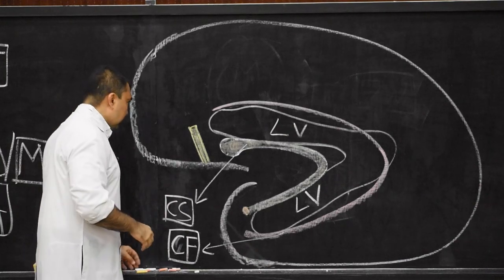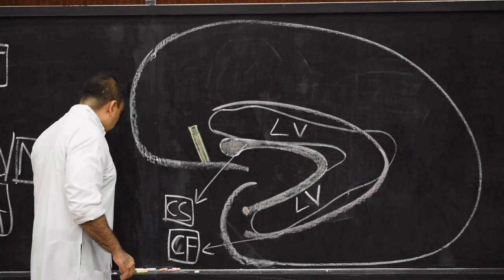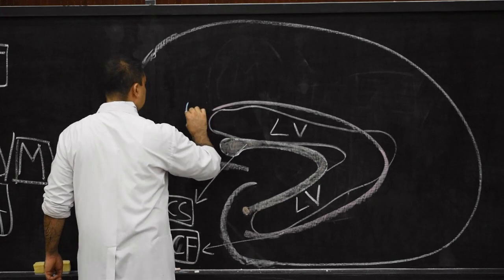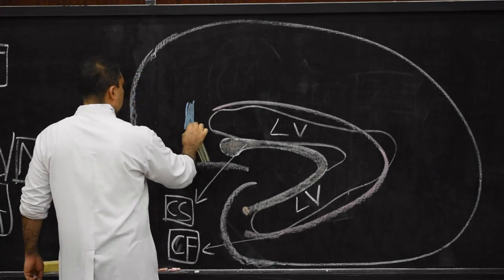Now the hippocampus will develop, and I will use blue color here. This hippocampus will start its development in this way, rostral to the lamina terminalis.